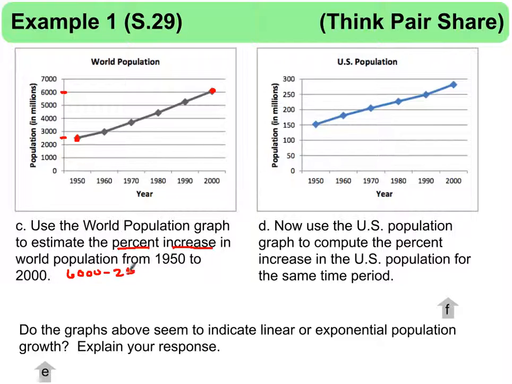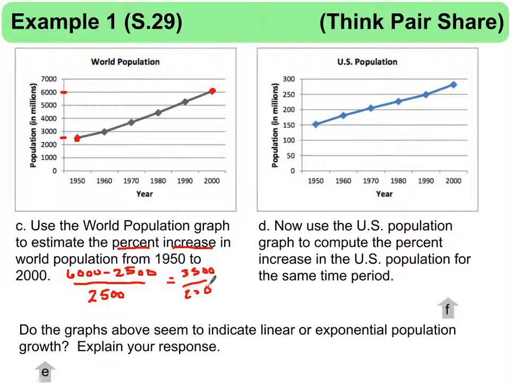minus it by 2,500, and divide that by the original population that we had from when we were recording, and that's in 1950, so that'll be 2,500. When we take that information and solve it, well, 6,000 minus the 2,500, that is going to give us 3,500.